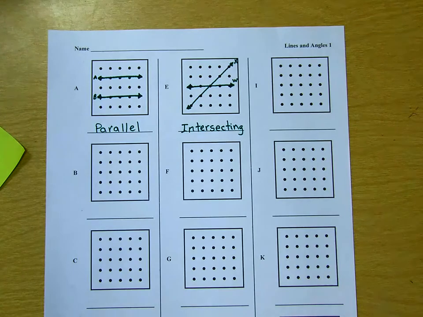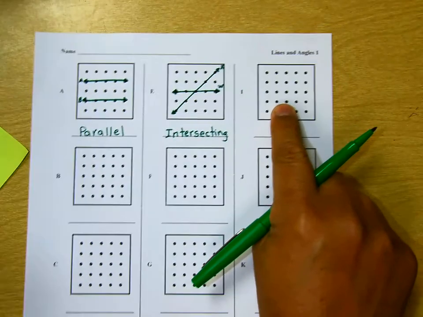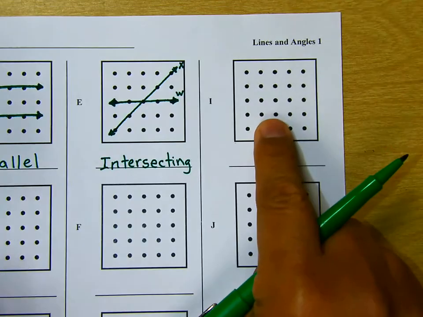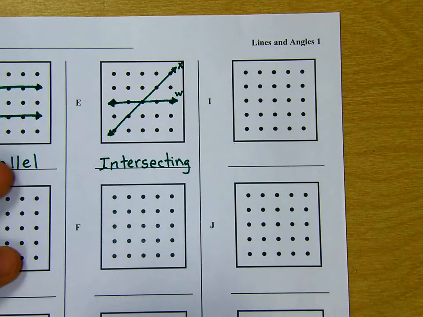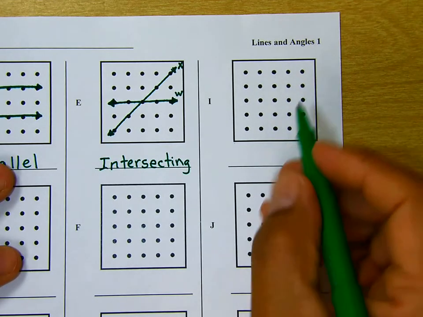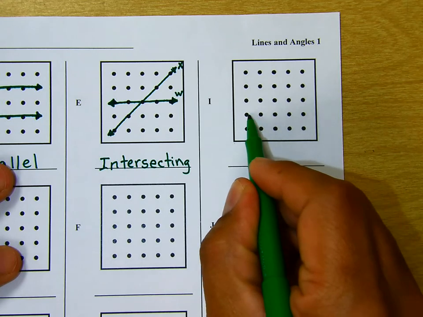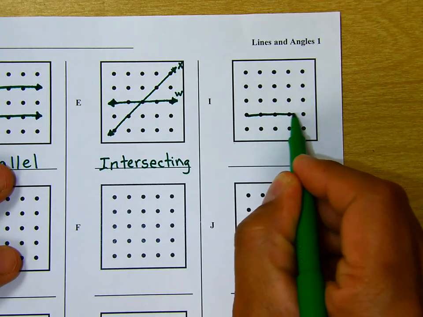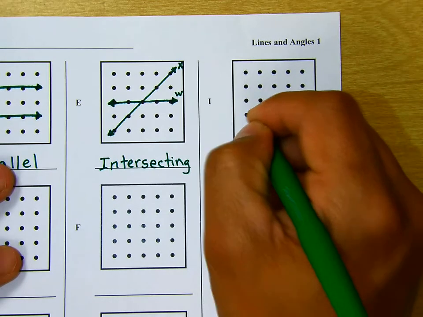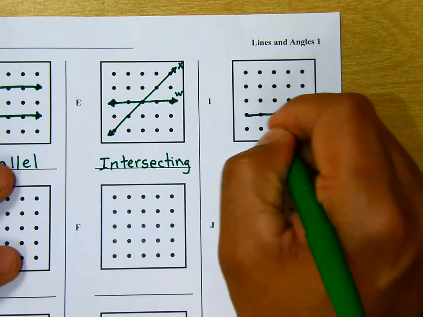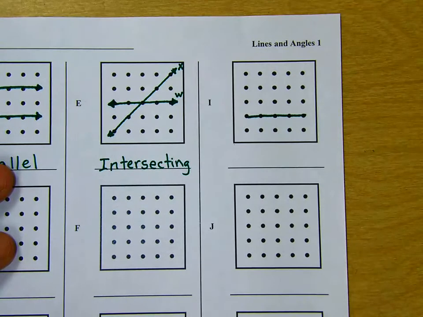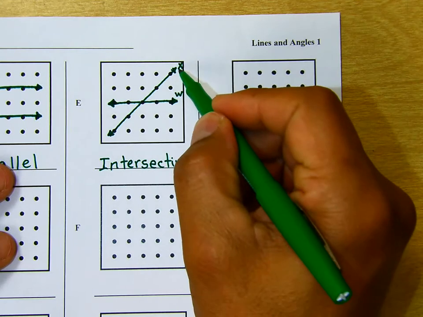Now we're going to write our perpendicular line on box I. So we're going to create a perpendicular line. I'm going to make a line, let's make it right here. And we'll call this, you know what, we'll make a line segment. Line segments don't have arrows at the end.